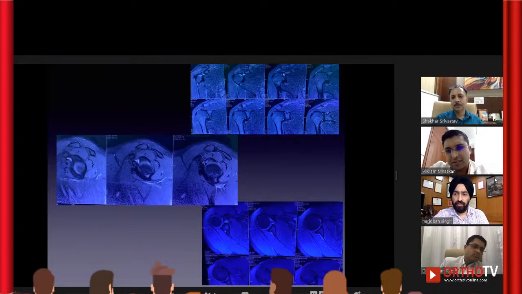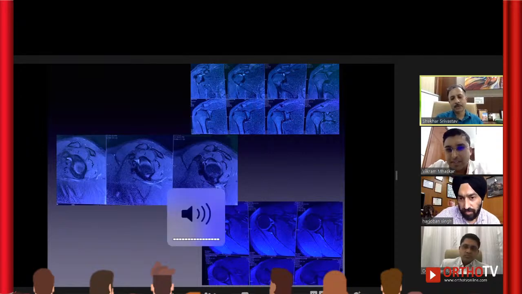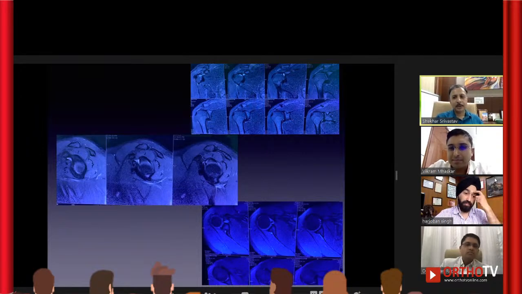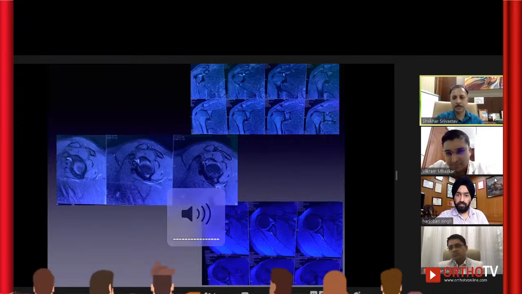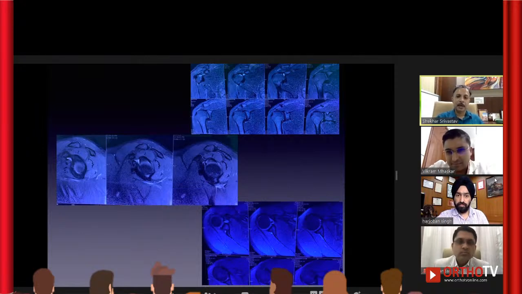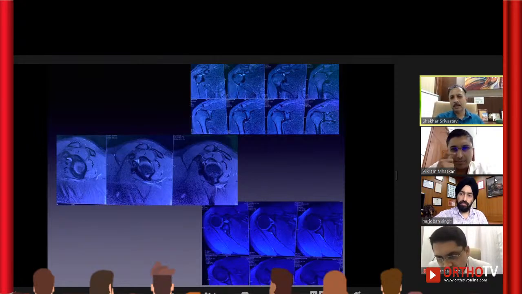Okay. So a 25-year-old. First of all, it's some sort of labral problem, instability problem. That's the first thing. So the cuff is out of the picture. He complains of some kind of instability for 4 or 5 episodes.